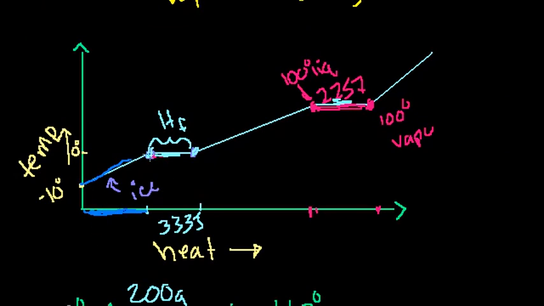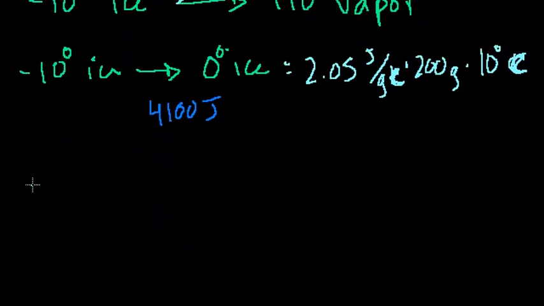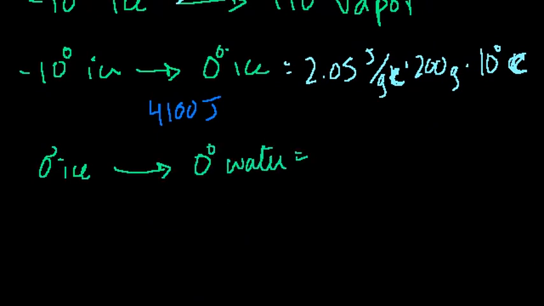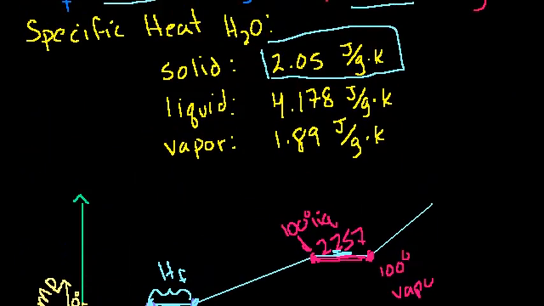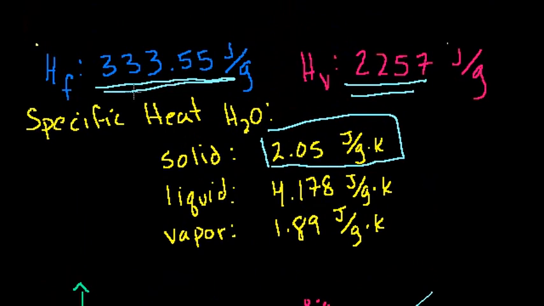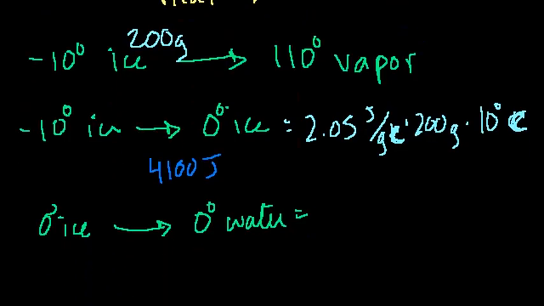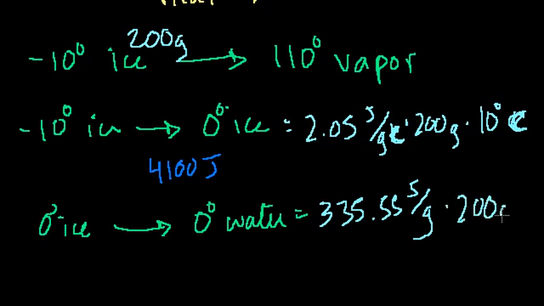Now we have to turn that 0 degree ice into 0 degree water. And for that, we use the heat of fusion. We're adding that amount of heat. So it's 335.55 joules per gram times 200 grams of ice that we're trying to melt.